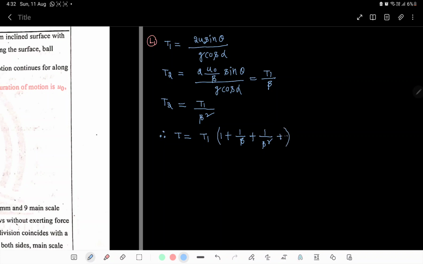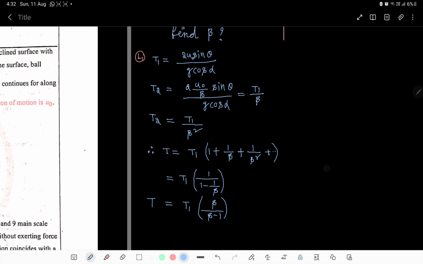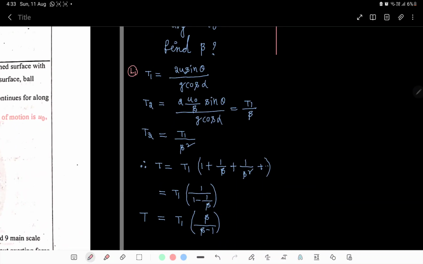This is a GP, so we can write t1 into 1 by 1 minus 1 by beta, which can be written as t1 beta by beta minus 1. This is the total time. You know the average velocity formula is total displacement by total time. Now we have to find the total displacement, since we found the total time.